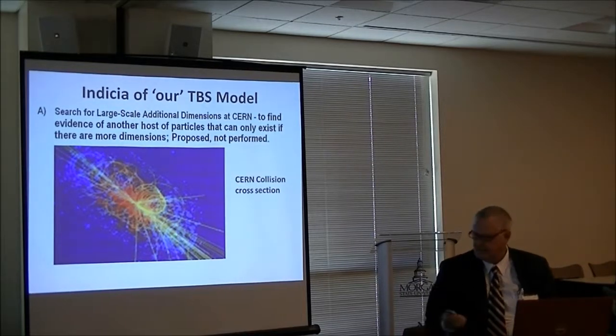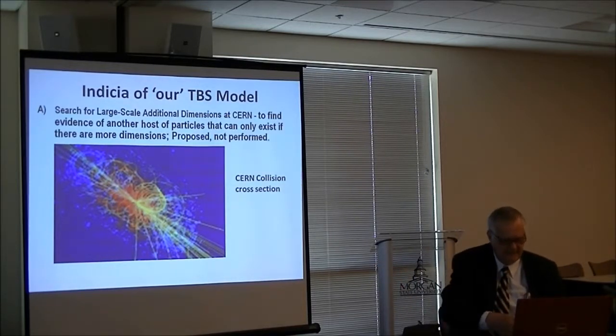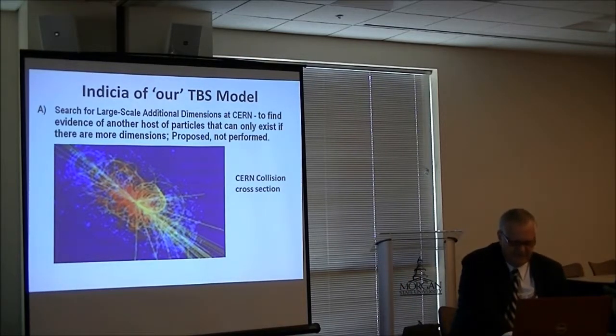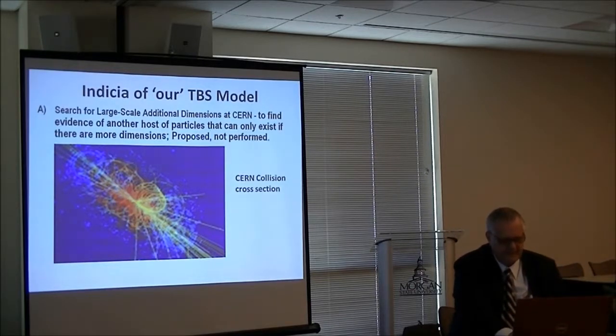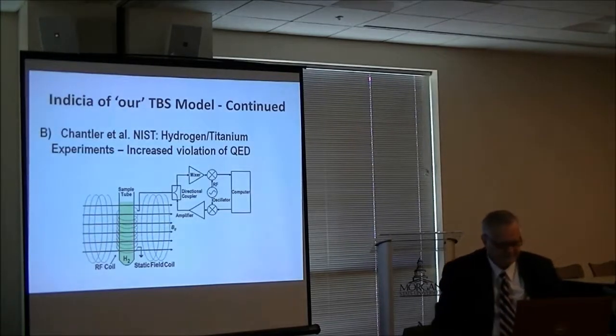This isn't the correct type of cross-section, this is from something else, maybe even a Higgs mechanism, but the idea is they will look for discrepancies in the collisions that will be indicative of higher dimensions. These have been proposed but not performed.